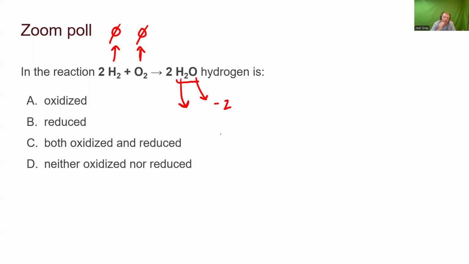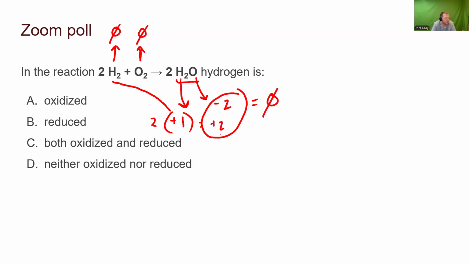What is the charge of each one of those hydrogens? Each one of those hydrogens has a +1 charge. So two of them gives a charge of +2. Those combined to equal 0. Now, what that means is that hydrogen here goes from a charge of 0 to +1. Oxygen here goes from a charge of 0 to -2.